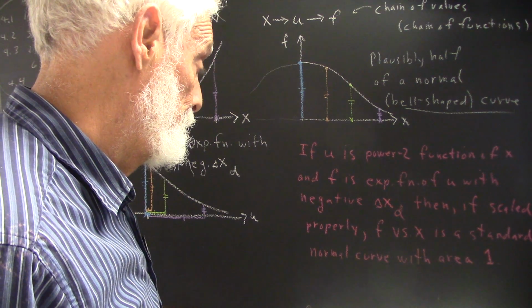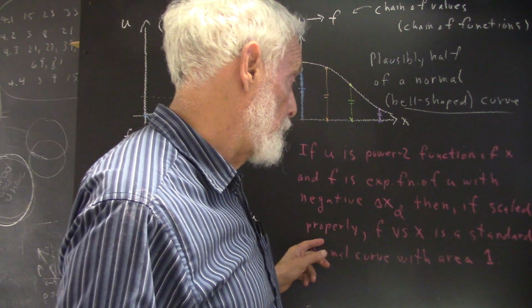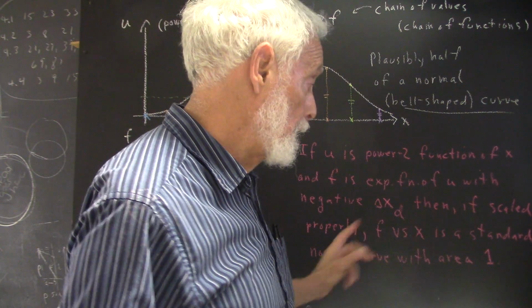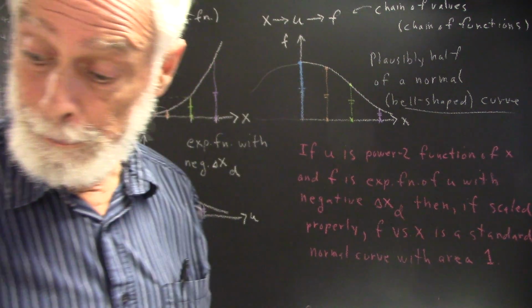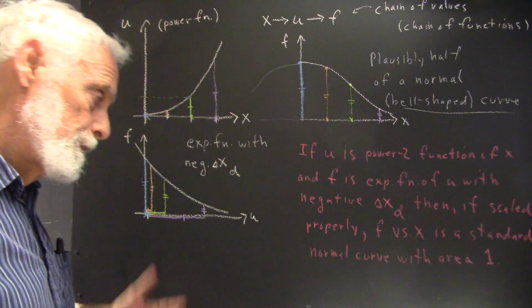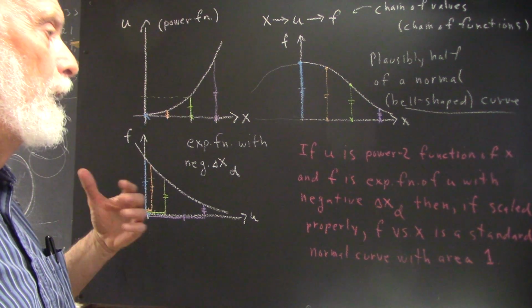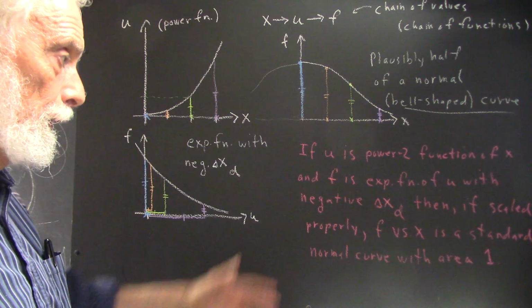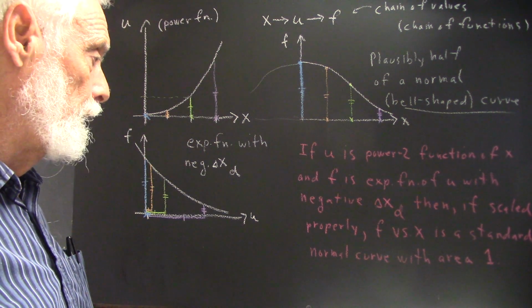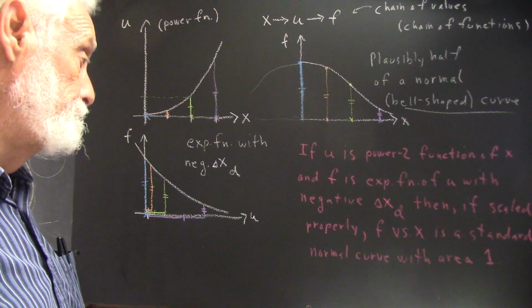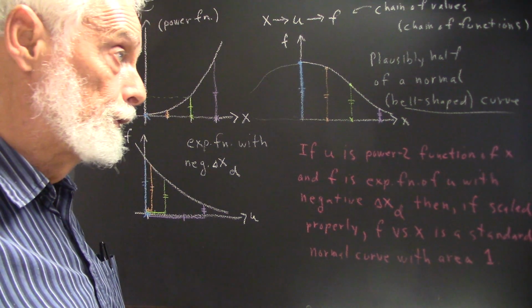Okay? And by scaled properly, I mean you scale it so that the area is 1. If you do that, you have a curve that can at least be labeled as a standard normal curve. And there's more to the details of the scaling, and I'm not going to go into those details.